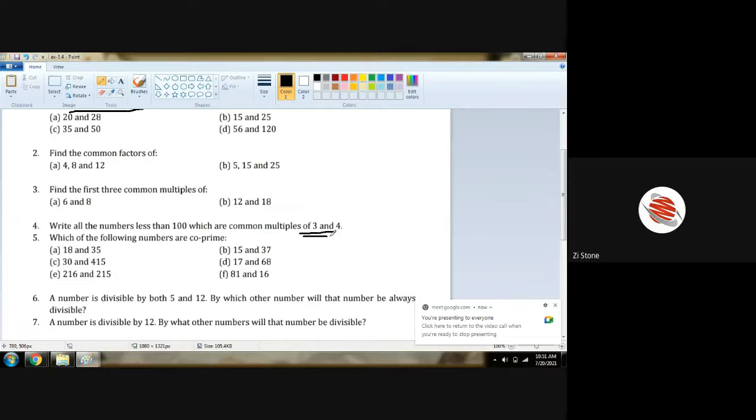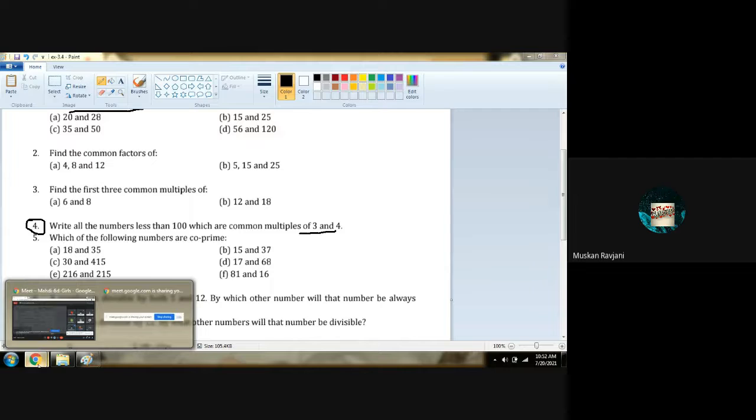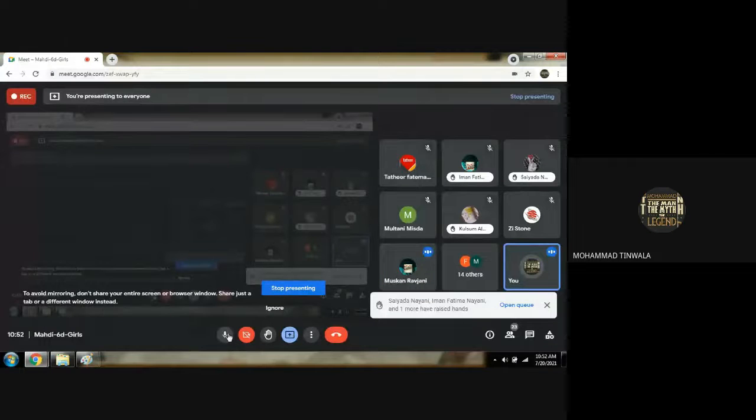Write the multiples of both. I'm giving you 2 to 3 minutes. Girls, make it fast.